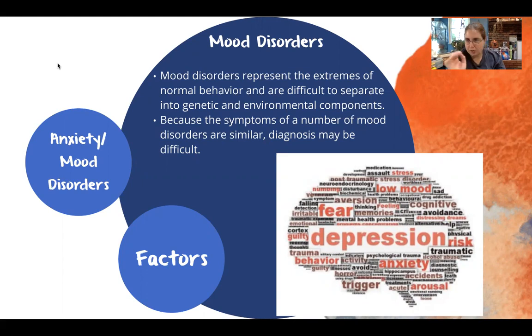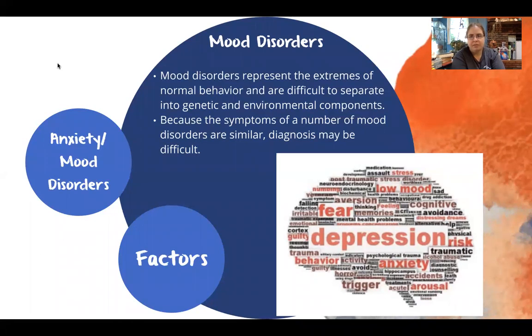Now, just like with all the other behavioral genetics we've looked at, there are genetic versions of mood disorders, but there are also purely environmental versions of mood disorders. And a lot of times with the genetic ones, they need some kind of environmental trigger to start them.